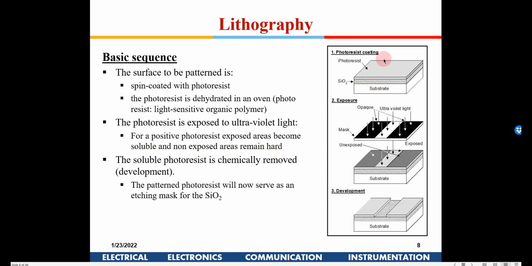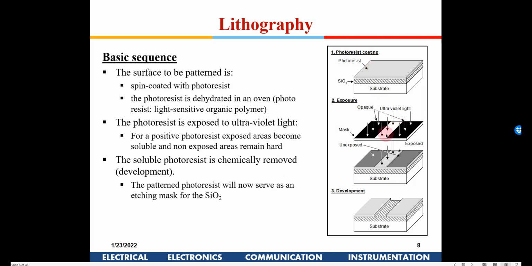That means for a positive photoresist, once you have applied it, it is hard. So wherever we want to remove the photoresist, we are going to apply the ultraviolet light.